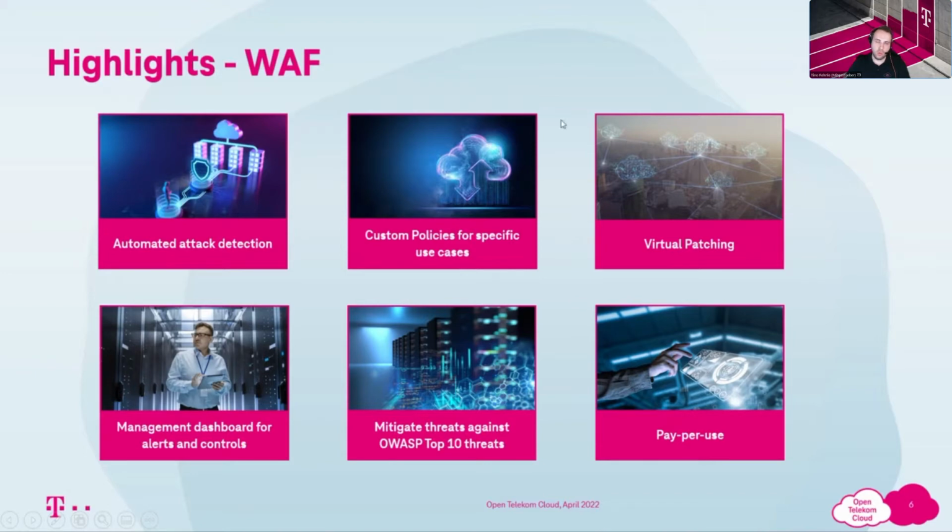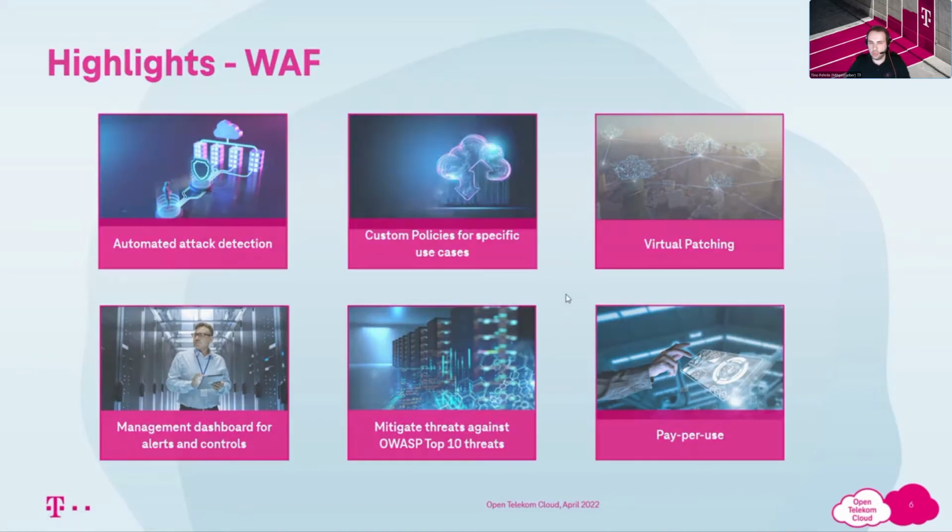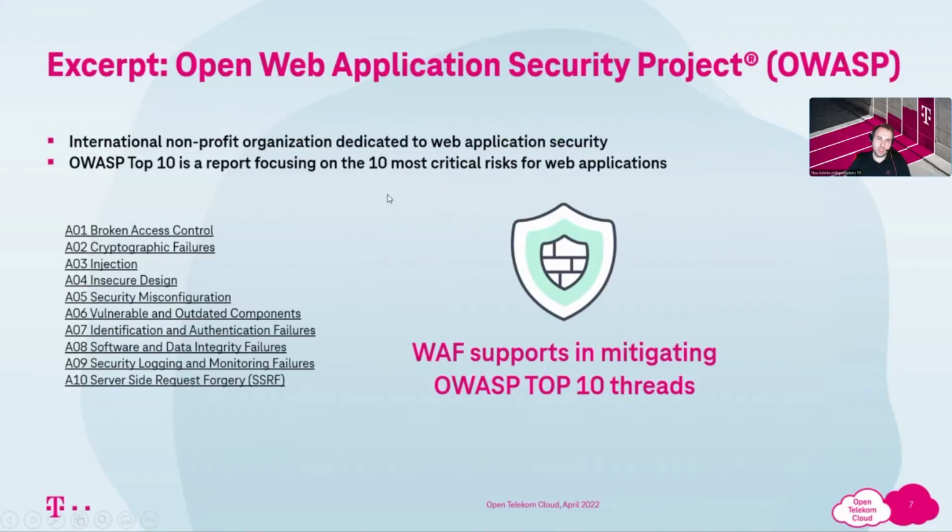You pay per hour. I mentioned the OWASP Top 10. What is this? OWASP is a non-profit organization called the Open Web Application Security Project. This is basically a community which summarizes the top 10 threats for web applications. These are the most important topics you should focus on when you want to secure your web application.